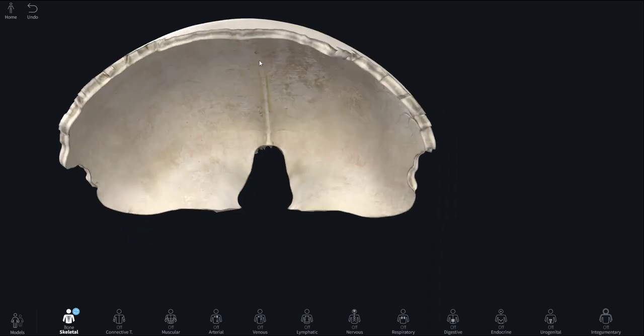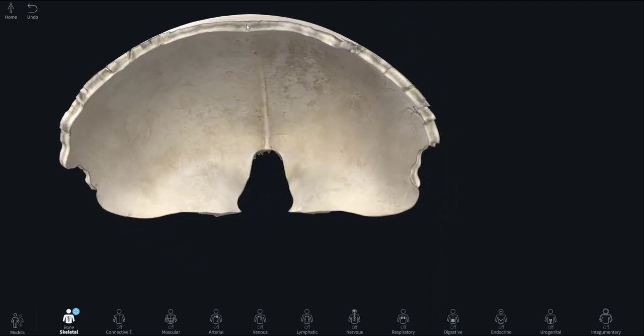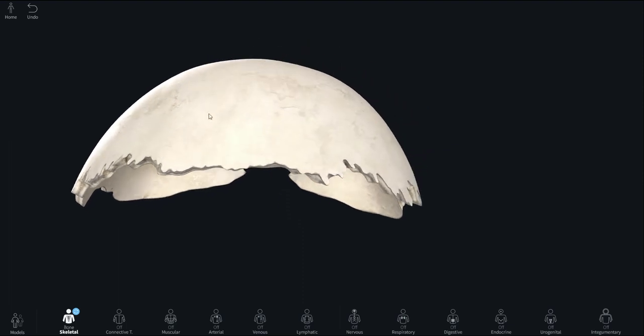Obviously because along this border, the frontal bone is articulated to the anterior border of the parietal bone. Let me repeat it again. This posterior border or margin of the frontal bone is articulating with the anterior border of the parietal bone, and they form what we call the coronal suture.